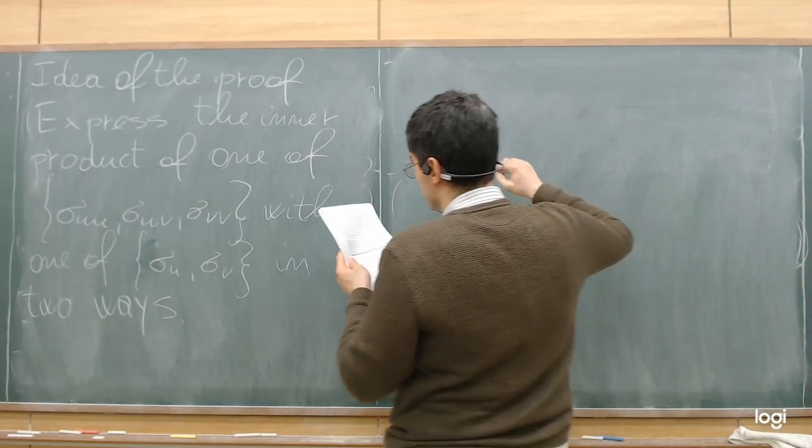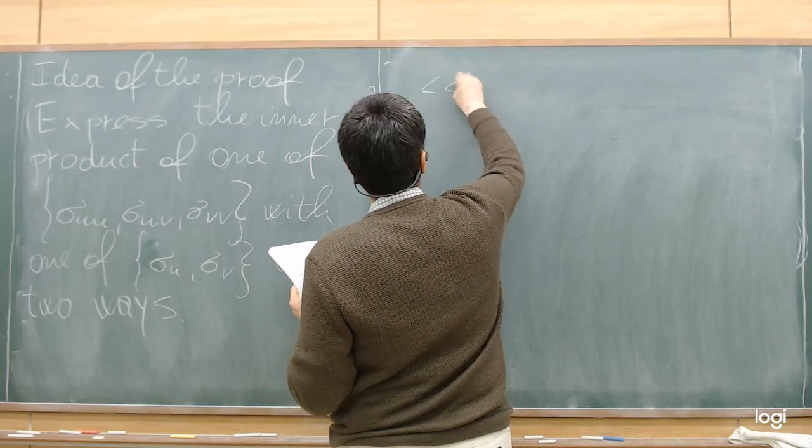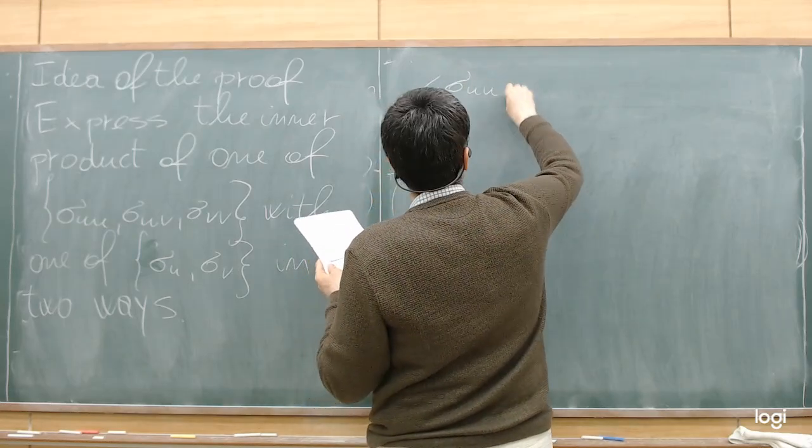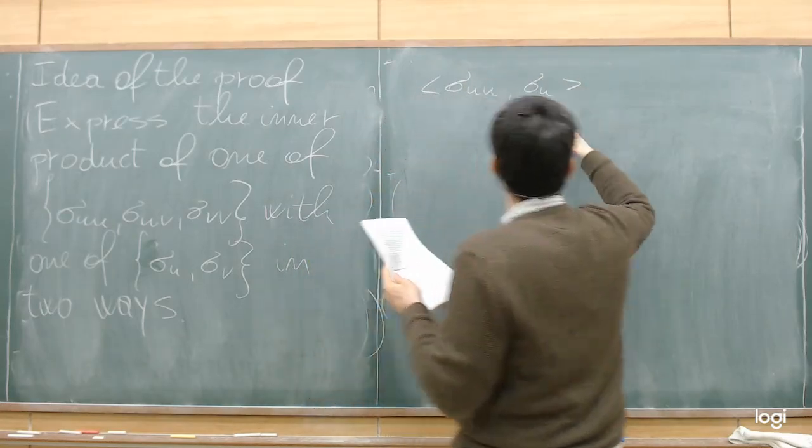You start from sigma_uu multiplied by sigma_u.